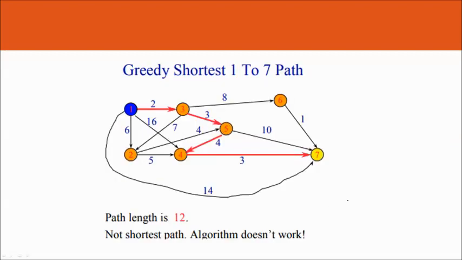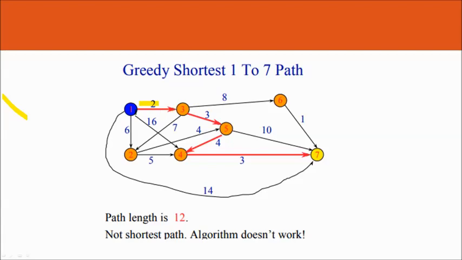Now let's try to apply the greedy method to the shortest path from 1 to 7. The path length here is 12, as you can see, just following the arrows.